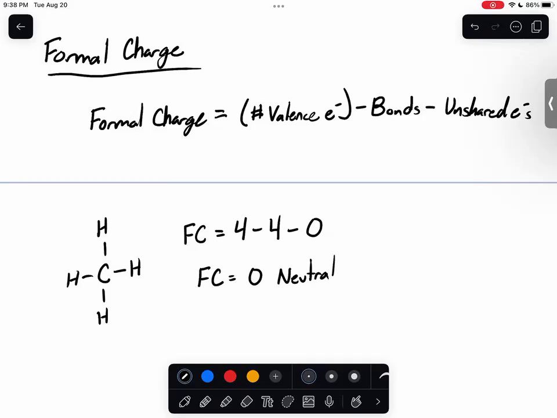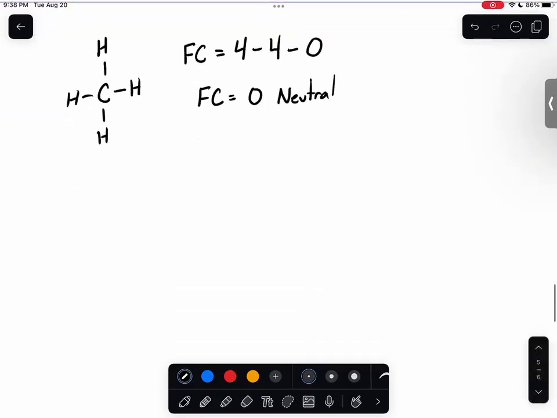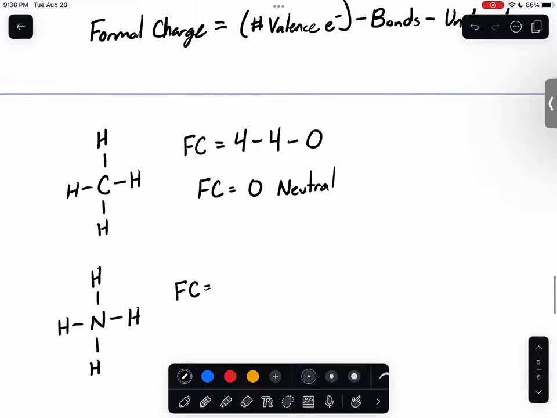Now, if we took something a little different, let's say we did NH4, right? So this would be where that nitrogen has 4 bonds. Let's see what the charge would look like here. So the formal charge would be equal to number of valence electrons, which for nitrogen is always 5.